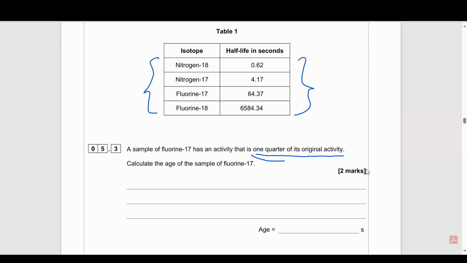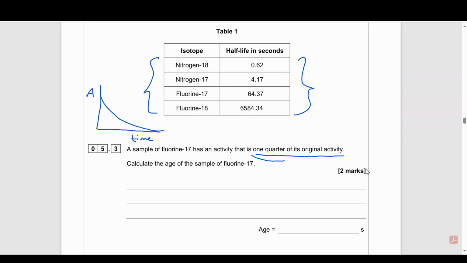Now, if we think about a typical graph that involves half-life, on our x-axis it would have the time, and on the y-axis it usually has the count rate or activity. And they typically have a graph which is something like this, a curve.